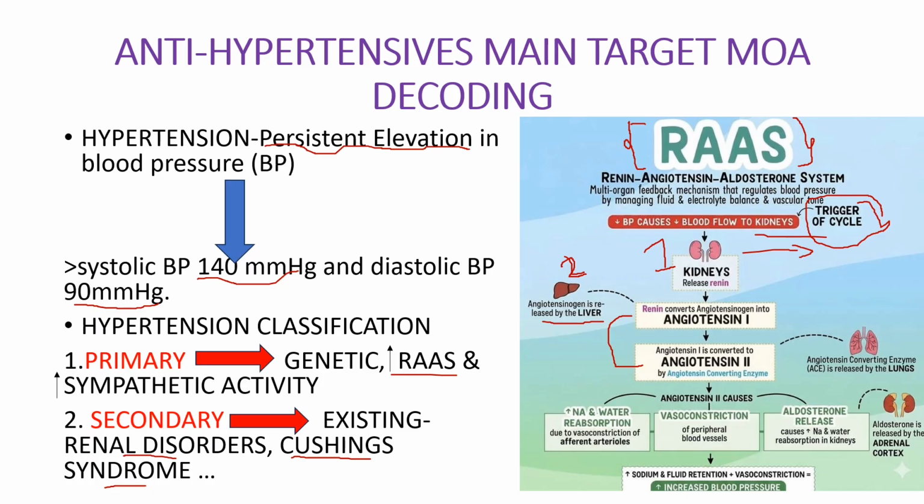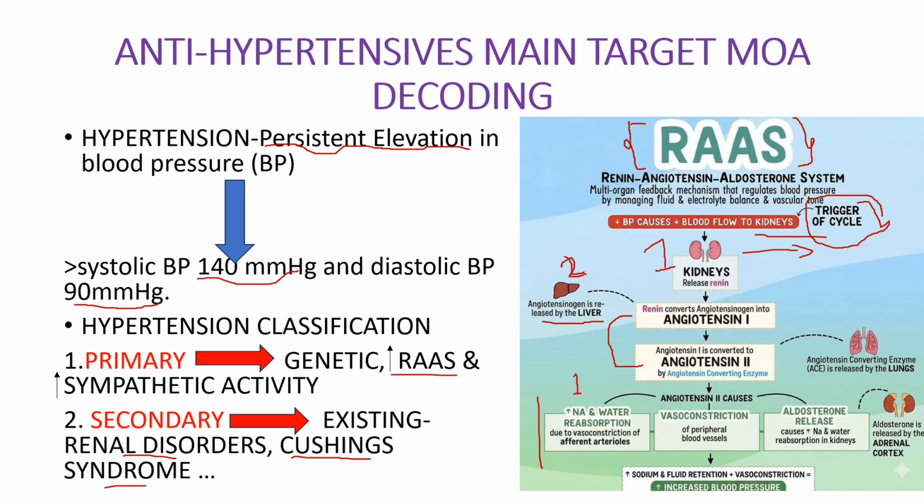That is because angiotensin 2 is involved in three major activities. The first one is increased sodium and water reabsorption, due to which vasoconstriction occurs, and vasoconstriction means nothing but an increase in the blood pressure.